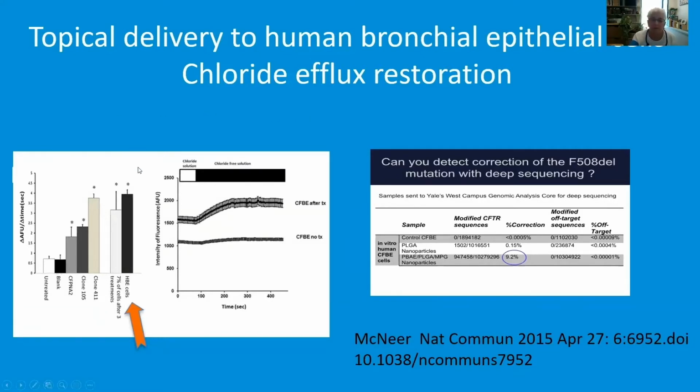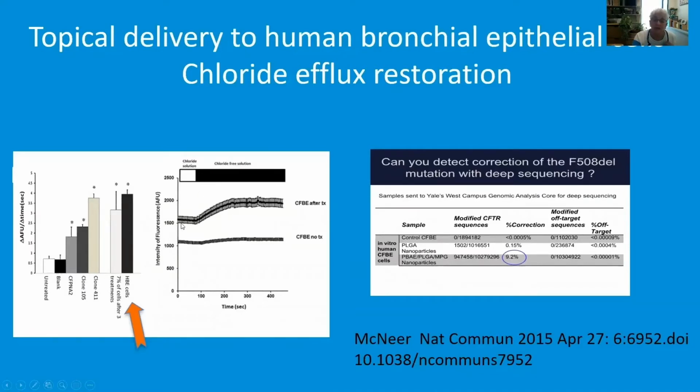So normally a CF-affected cell, if you load it with a chloride-sensing dye, you put it in a chloride-containing solution, and then you switch to chloride-free solution with some stimulation for CFTR, the fluorescence you get in our efflux assay doesn't seem to change. It's pretty much a flat line. What we're looking for is a change in the slope when we move from the chloride-containing solution to the chloride-free solution.